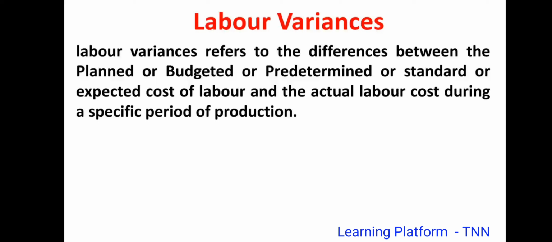If some difference is found in this regard, we call it labor variance. So simply, labor variance is the difference between the planned or standard cost of labor and the actual cost of labor during a specific period of production.